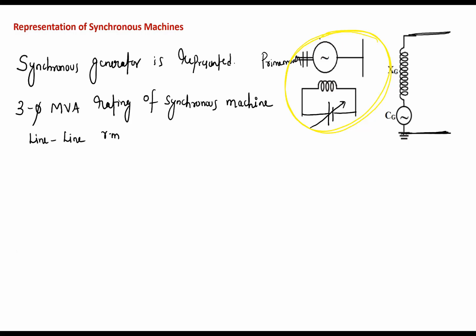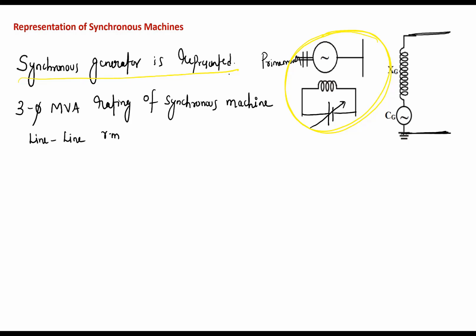In circuit form, we'll model it as an AC voltage source in series with some impedance. However, in fault analysis, we neglect all resistances, so we only model the reactance of the generator. In circuit form, we model it as an AC voltage source in series with some reactance.